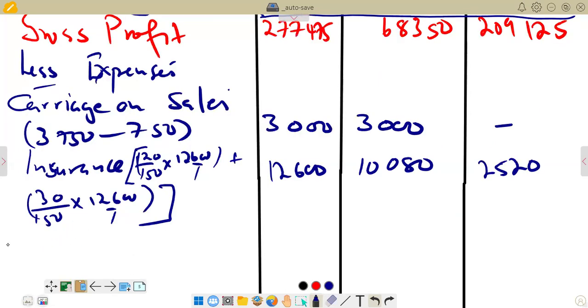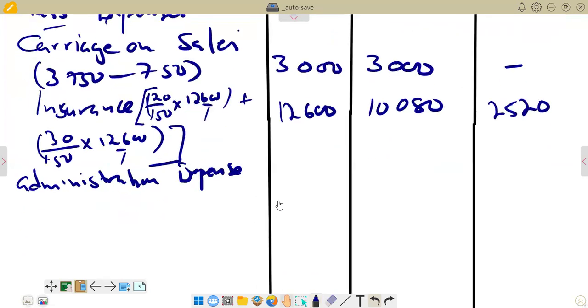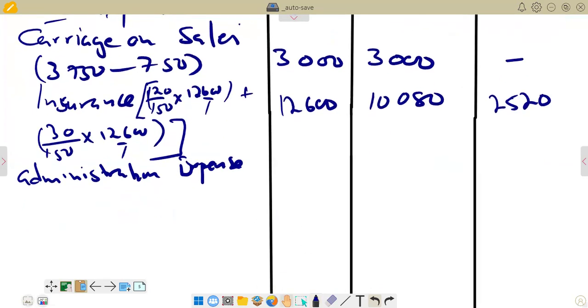We are saying administration. The total that we have for administration is 52,800, and we divide it by 2.